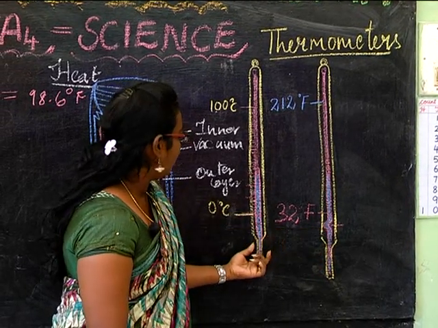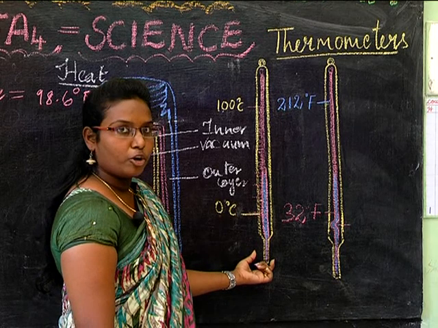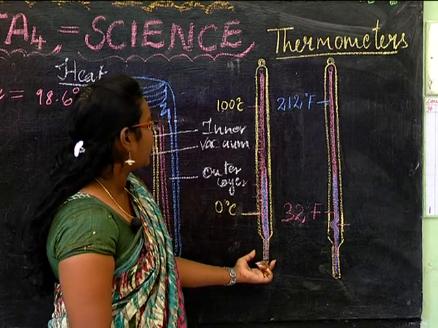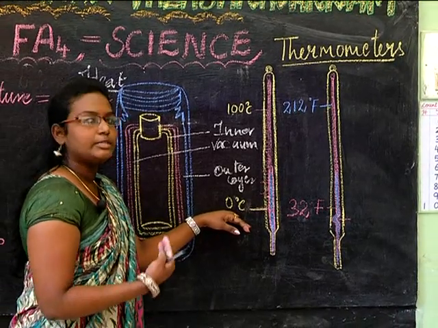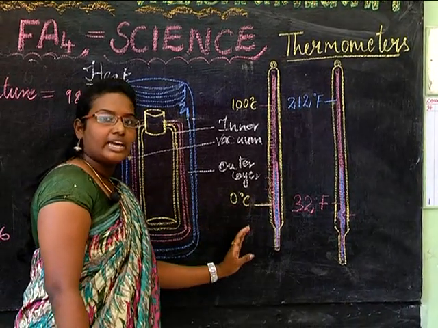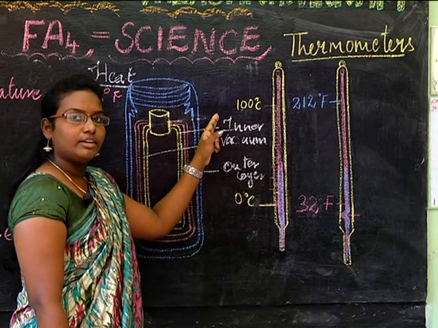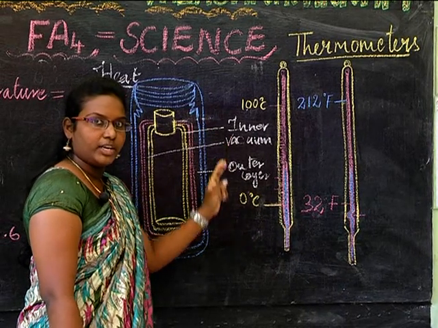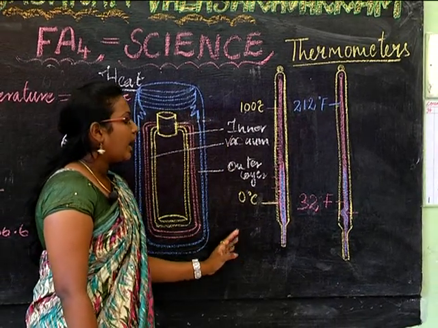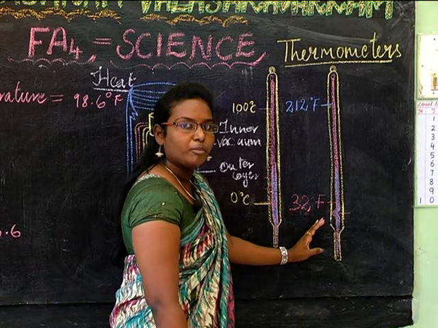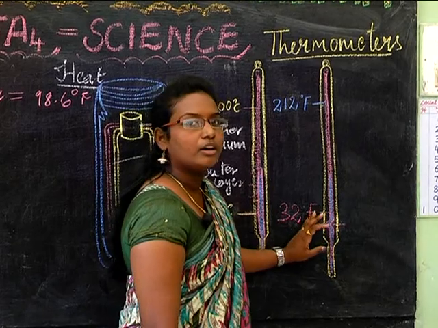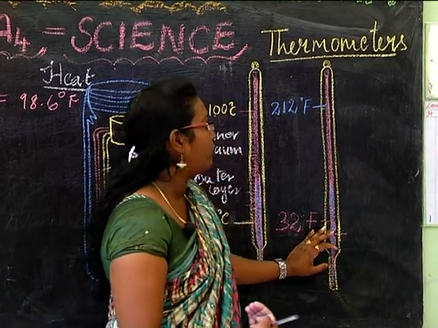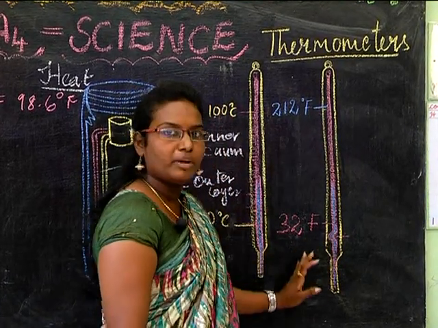This kind of thermometer we use for laboratory purposes, and its range starts not from 0 degrees centigrade Celsius, but from minus 10 degrees Celsius to 110 degrees Celsius. It will range between these values in laboratory thermometers. While comparing with clinical thermometers, which are read in Fahrenheit, we have two or three precautions, and we have to be very cautious when using this thermometer.